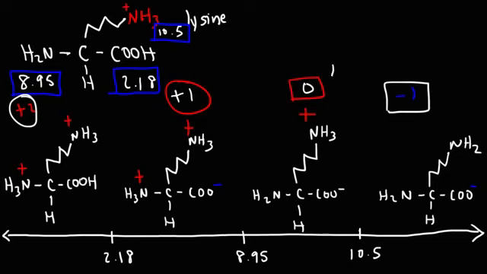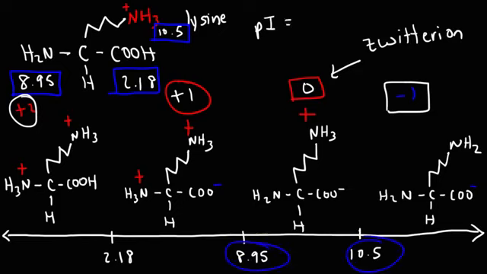So this right here is a Zwitterion because the total charge is 0. We have a positive charge and a negative charge. To calculate the isoelectric point of the Zwitterion, we need to average these two pKa values. So it's going to be 8.95 plus 10.5 divided by 2.